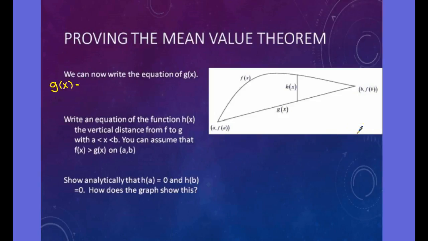But it would be g of x minus the y value, which would be f of a, equals, exactly, that long slope, times x. Yep.